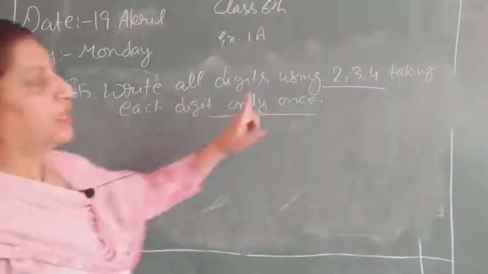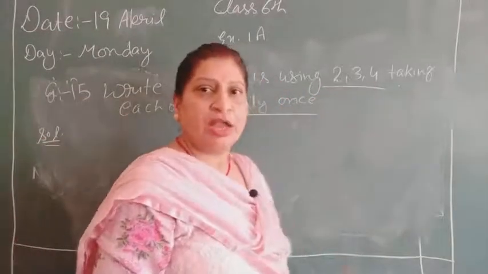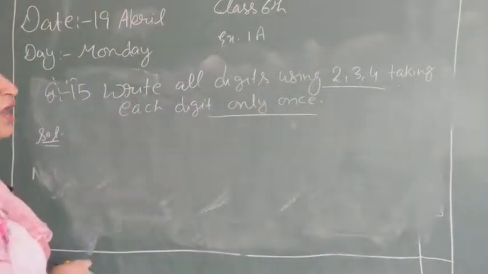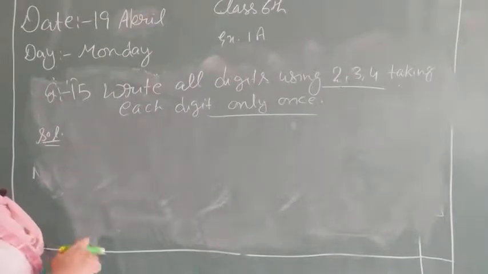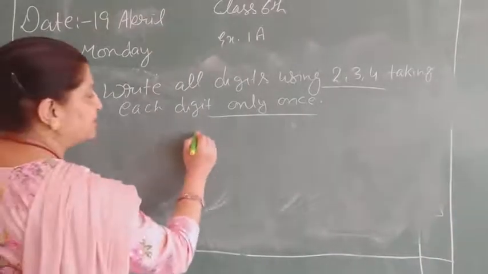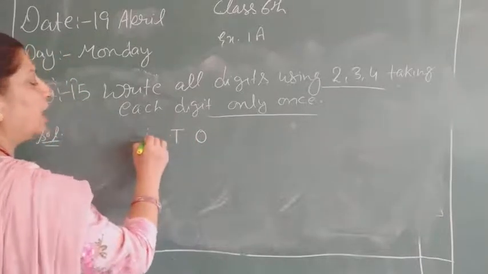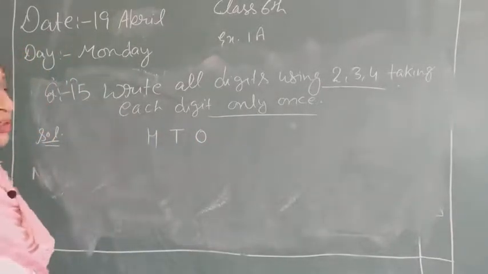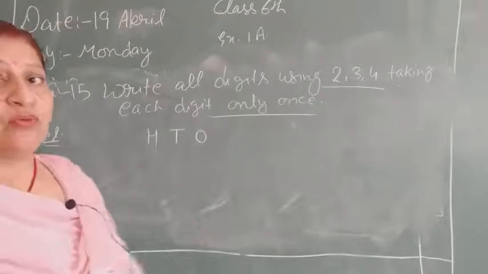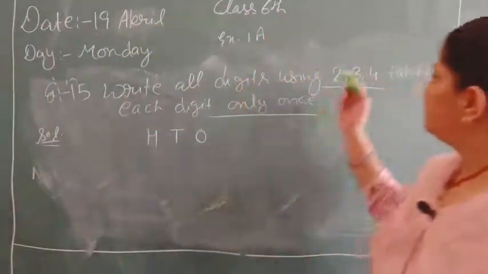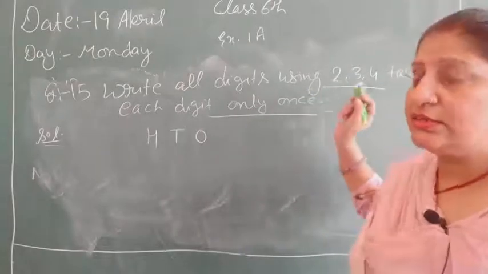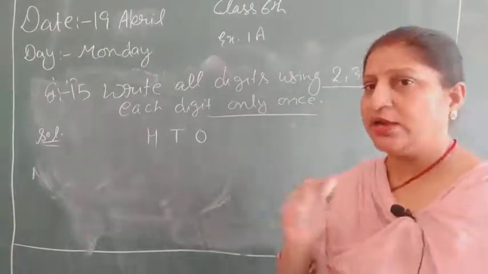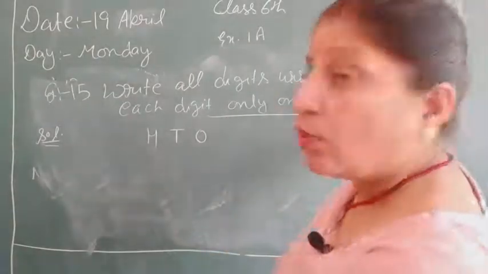Now we see that we have 3 digits, and 3 digits show that our number goes up to the hundreds place. So we write here the places ones, tens and 100. Now the first step which we have to follow, and it is very compulsory, is that taking these digits we have to fix 1 digit.